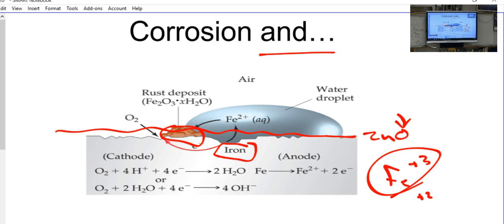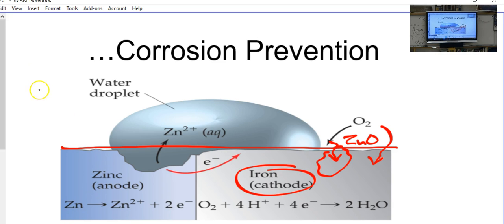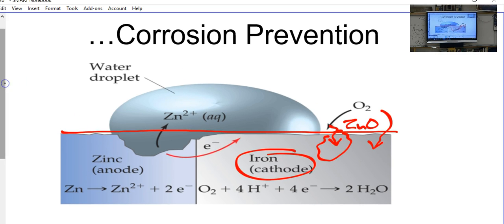All right, now the next slide, which is corrosion prevention, which is genius. If you've ever heard of galvanized steel, this is it. Most things that you just look at or interact with that are metallic are galvanized. Instead of letting this happen in the environment with oxygen, they have the reaction happen before they send it out.